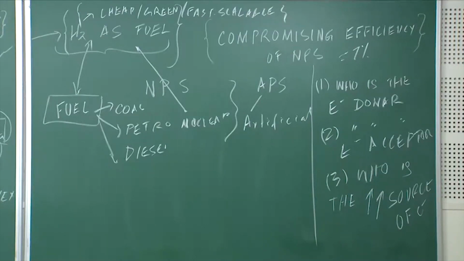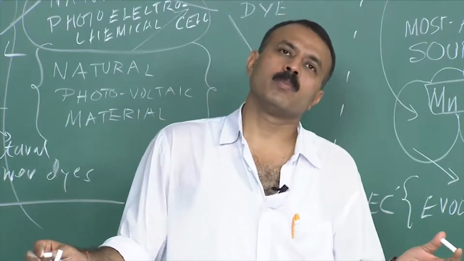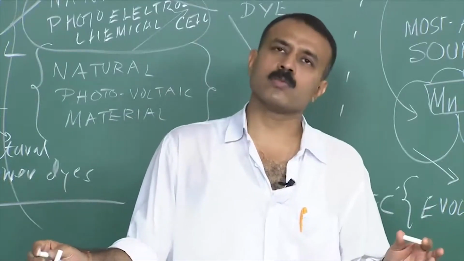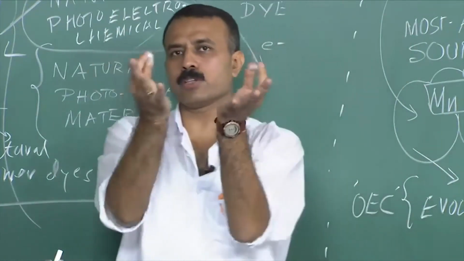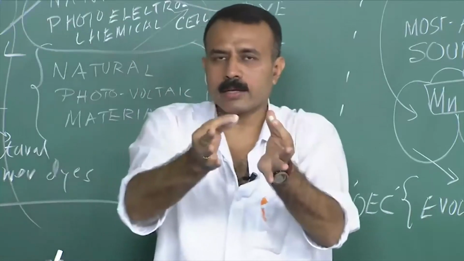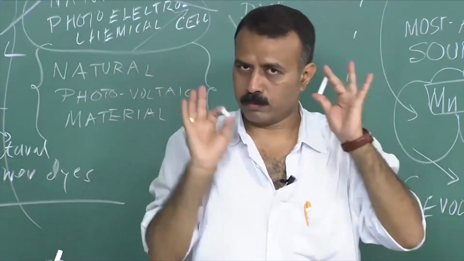So, what are the basics of natural photosynthesis? Photosynthetic reactions are determined primarily by three reactions. There is a light harvesting process, if you remember, with chlorophyll P680 and P700, which are essentially photosystem 2 and photosystem 1 respectively, supported by a series of molecules which funnel the light and eject the electron. Okay, this is the first and foremost thing.